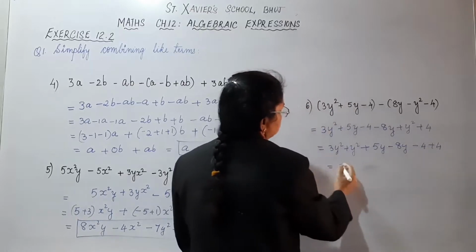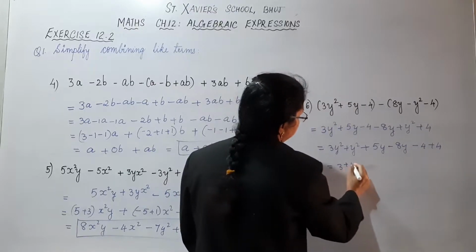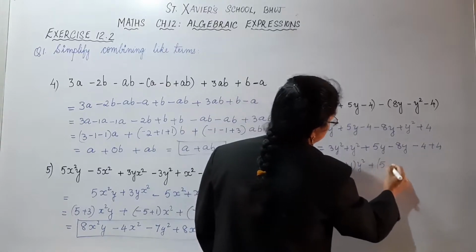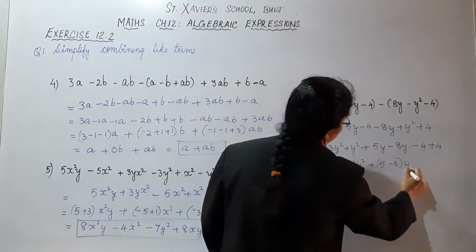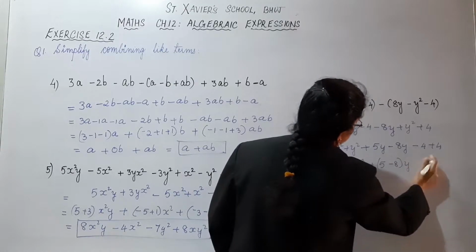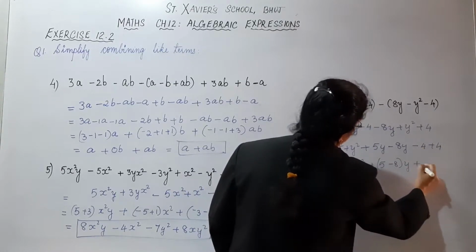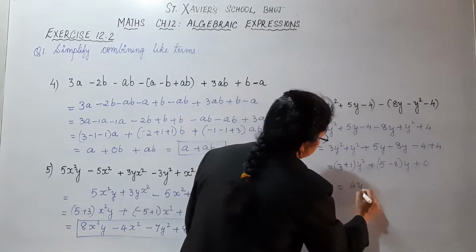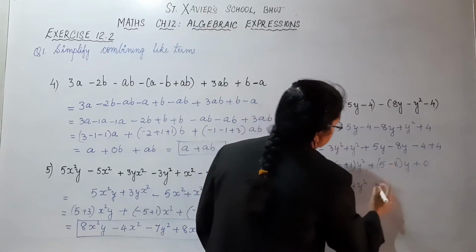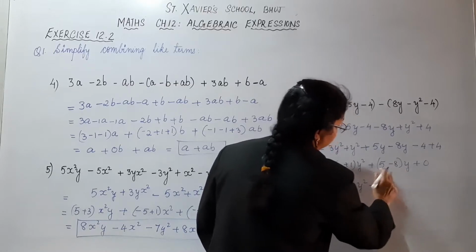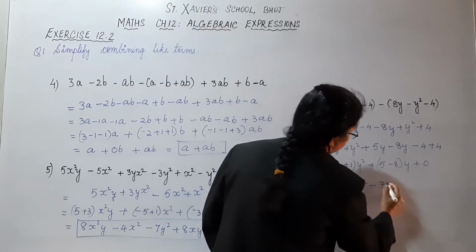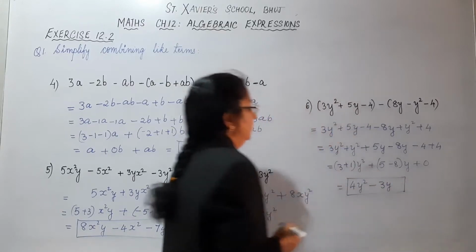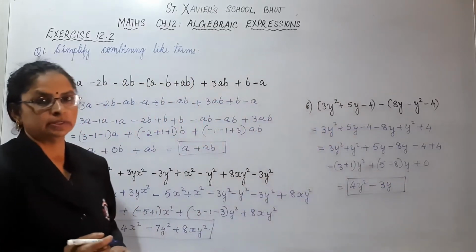That is 3 plus 1 y square, plus 5 minus 8 y. 4 minus 4 is 0. I am writing it as 0. Now solve it. 4y square. 5 minus 8 is minus 3y. That is the answer.